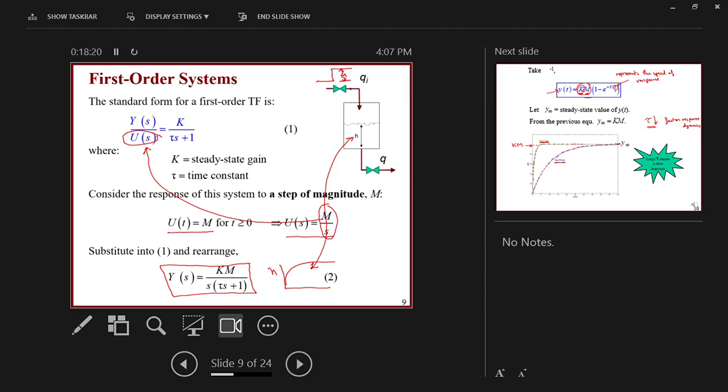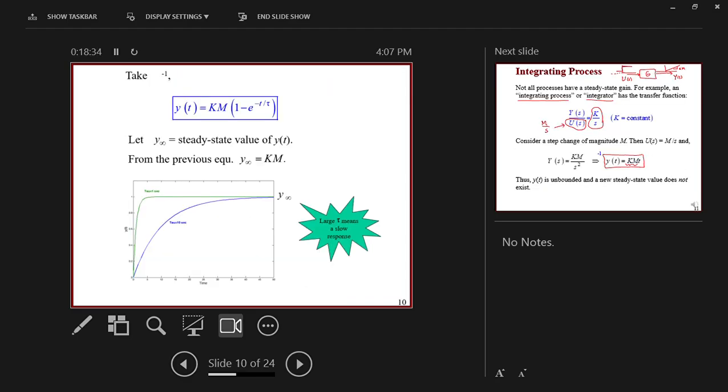To know how this level, which is y here, changes with time, we need to inverse Laplace this Laplace expression. We have also done this some time ago, and we got the final form for the change in the level as a function of time.